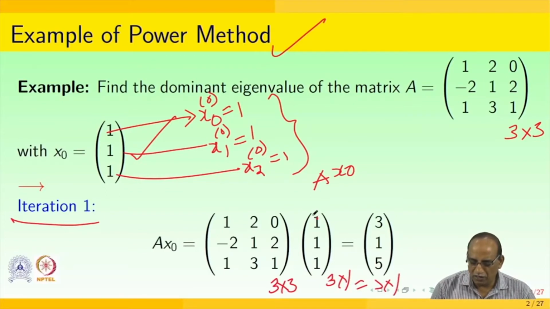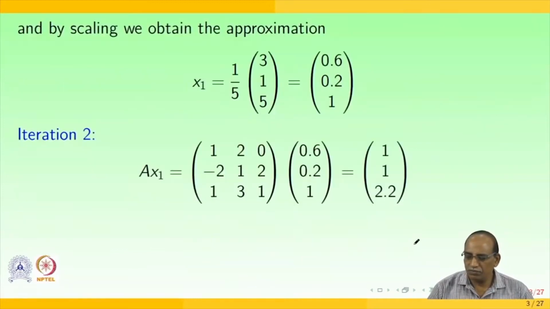So 1 into 1, 2 into 1, that is 3; minus 2 into 1, minus 2, plus 1, plus 2, so it is ultimately plus 1; 1 into 1, 3 into 1, 1 into 1, so 1 plus 3 plus 1 is 5.